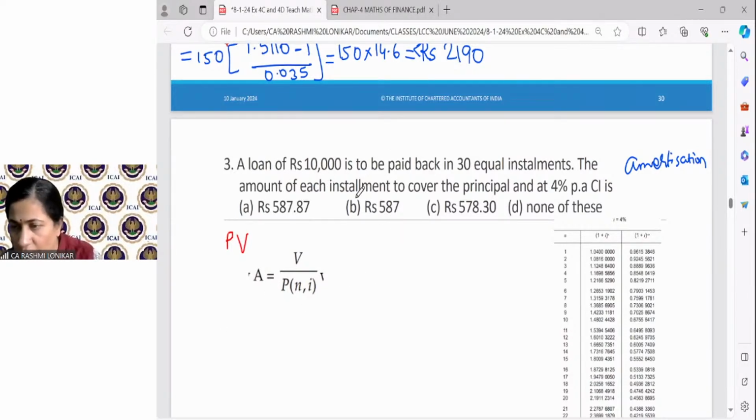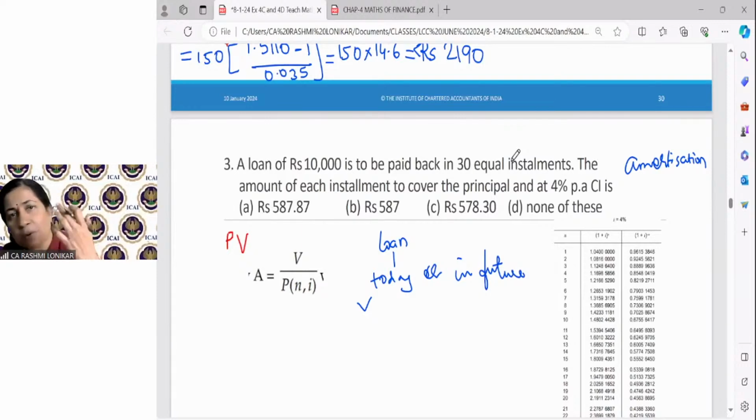Now in this question, how do I know what is to be done? I'm taking a loan. Am I taking it today or in the future? I'm taking it today. A loan of 10,000 is to be paid back in 30 installments. A loan has to be paid means I'm taking it now.